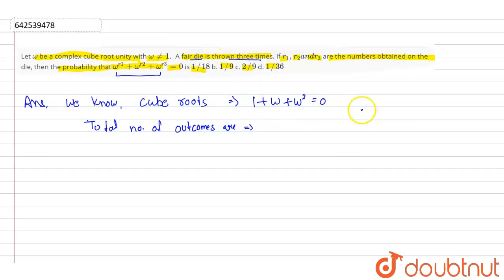One time, the possible numbers on the die are 1, 2, 3, 4, 5 and 6. The total number of outcomes for the first time is 6, the second time also 6, and the third time also 6. It will come to 6 cubed.